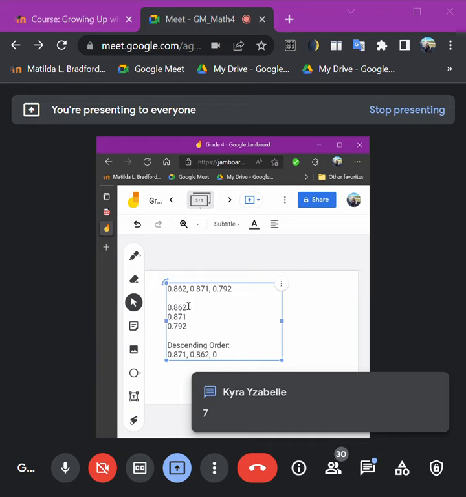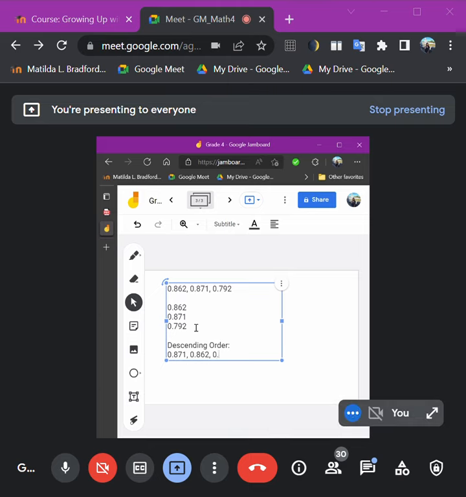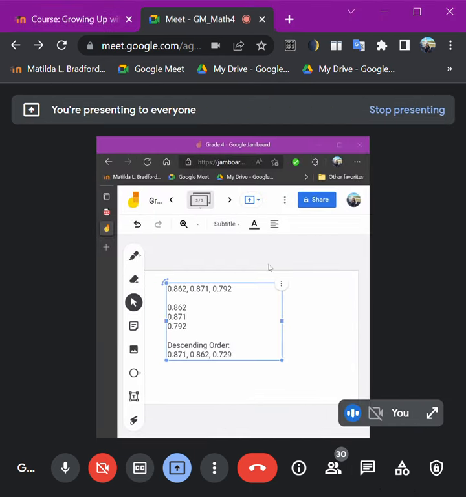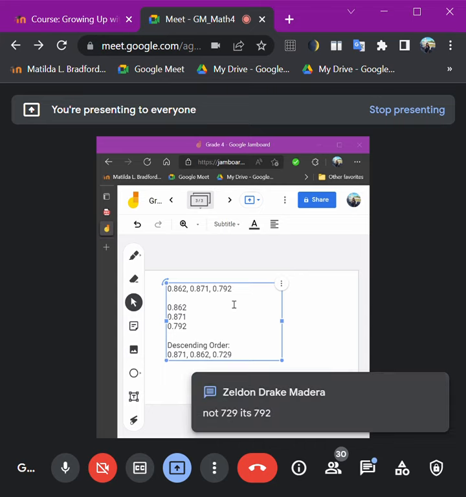And then, ang kinalasan, ang pinakagamay, which is 0.792. So, that is how you are going to arrange your given decimals in descending order. Okay. 792, sorry.